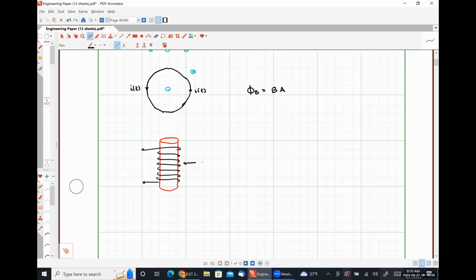And we have N turns of wire. I've wrapped it around this cylindrical form some number of times greater than 1, so that I have effectively a stack of N loops on top of each other.